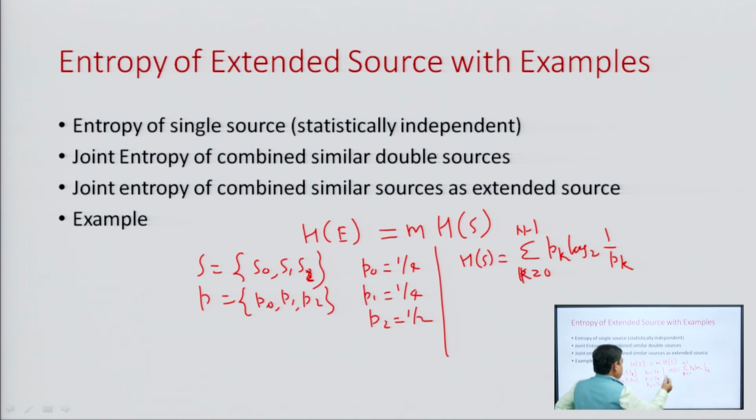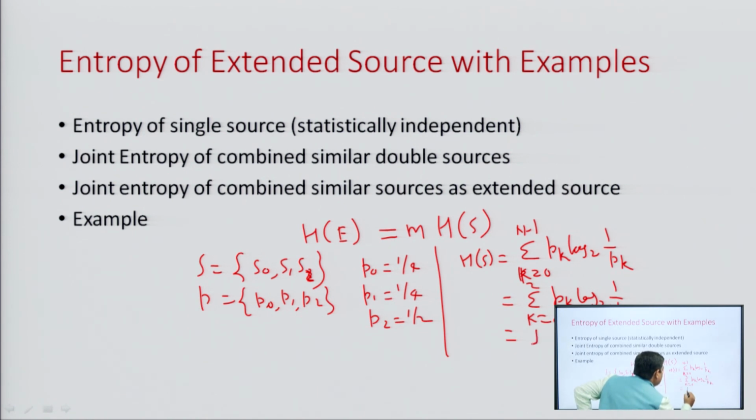K covers the 3 symbols, so K goes from 0 to 2. We know the probabilities P0, P1, P2, and putting these values here, we can calculate the entropy of the source.